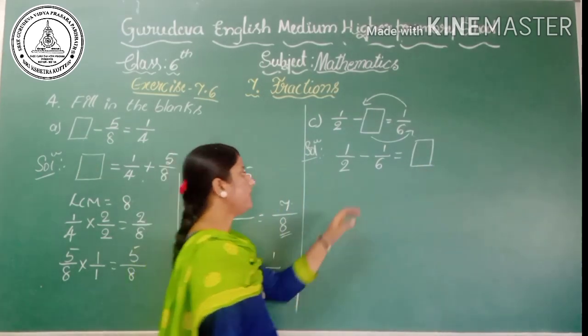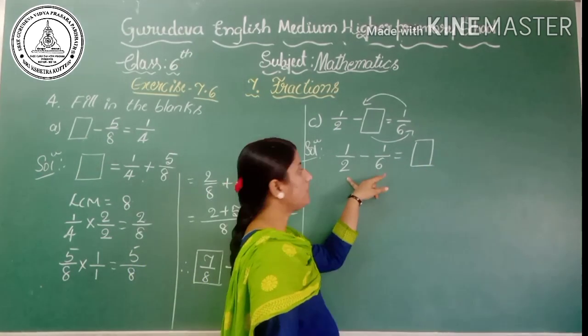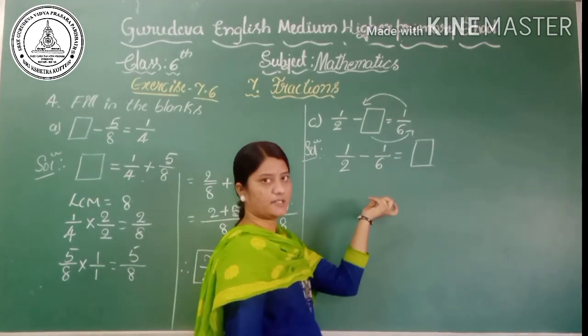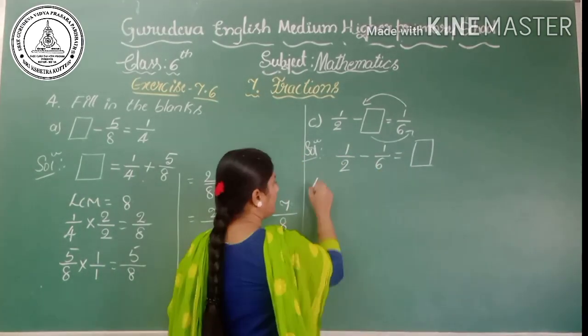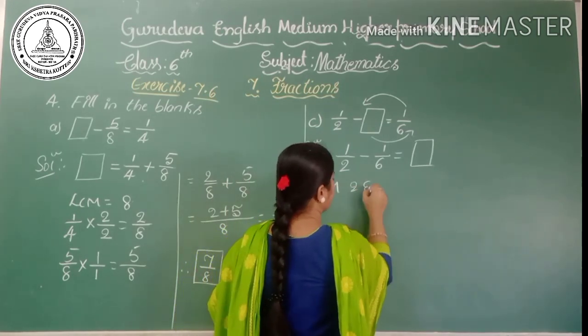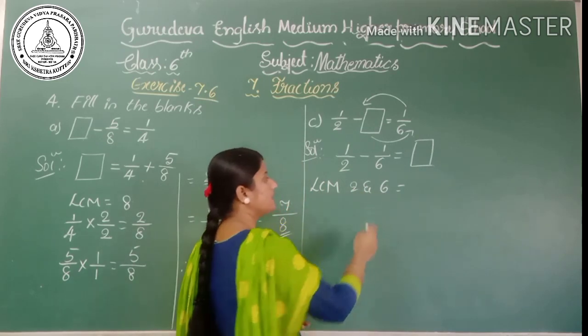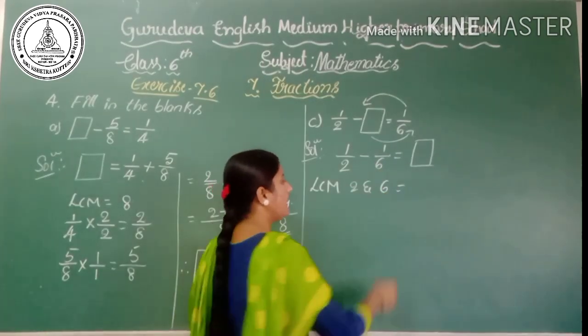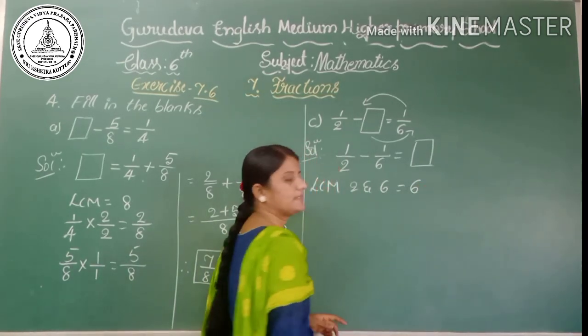Then subtract here. 2 and 6 are different denominators, these two are unlike fractions. What we have to do is take the LCM and make them into like fractions. LCM of 2 and 6: 6 is a multiple of 2, so 6 is the LCM of 2 and 6.